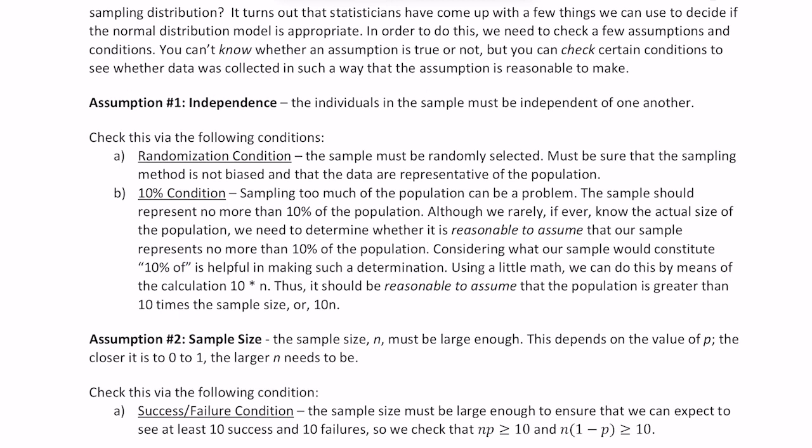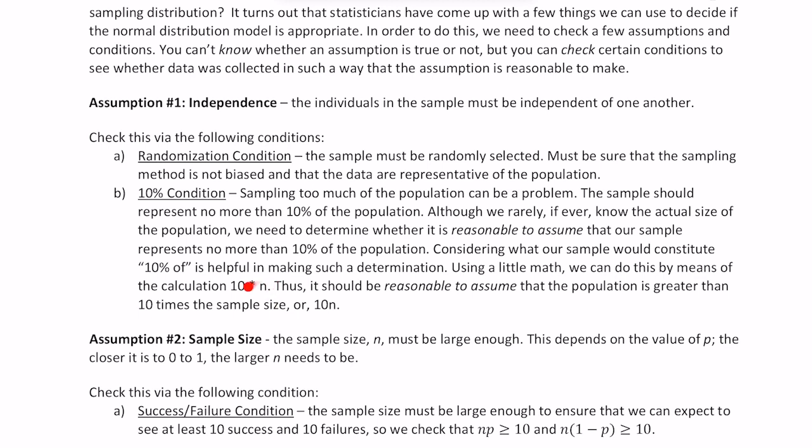So if you think back to the Reese's Pieces activity we did, we don't know the population of all Reese's Pieces, but we do know that the sample that you had was no more than 10% of that population, okay? So what we would do is just use a little math here, and we're going to calculate 10 times n, which is your sample size.